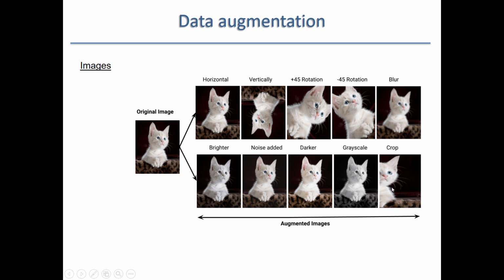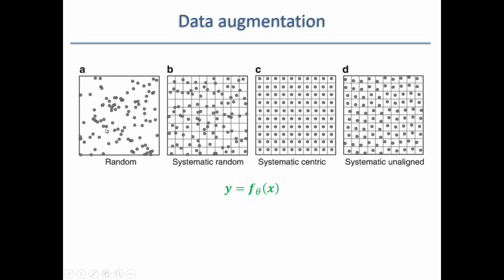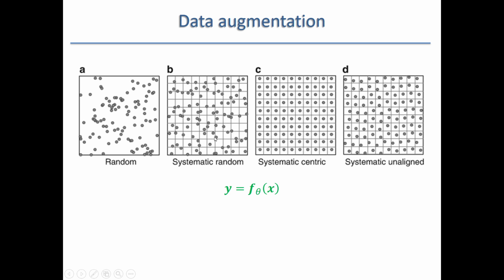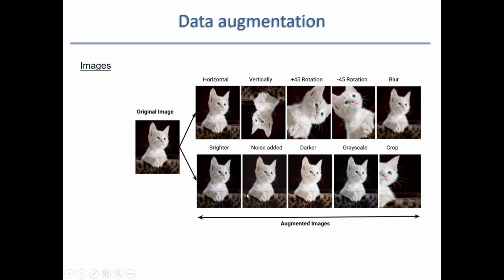So all these versions, they should have the same label. So what we are doing is just from given one point, we are constructing 10 other points that are somewhere in this space, so that the network can learn better how the function relationship between x and y is. So this is with images.